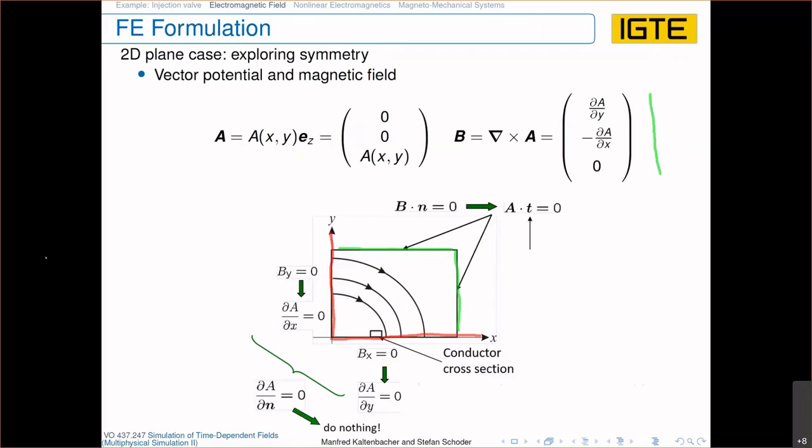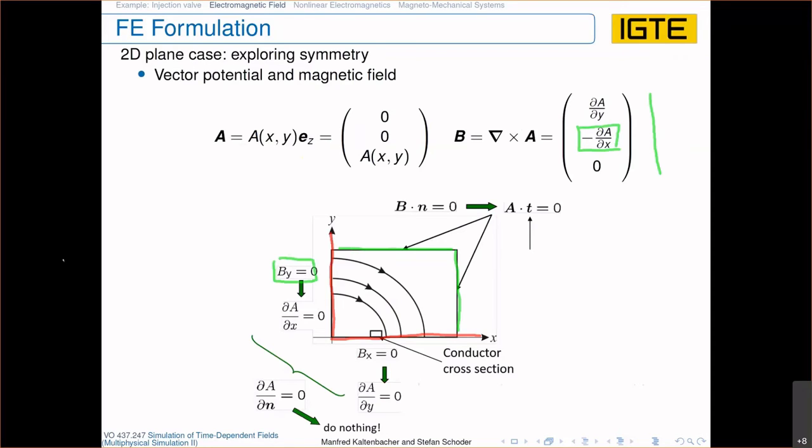What we actually have here is that By should be equal to 0, and By equal to 0 is clearly this part here. So we see that the partial derivative of the z component of the magnetic vector potential, which we have just named A, should be equal to 0.